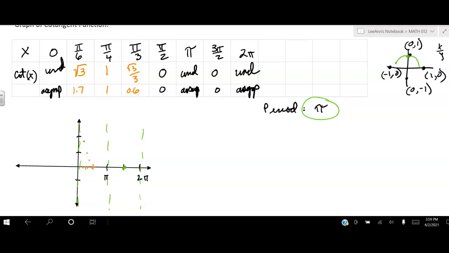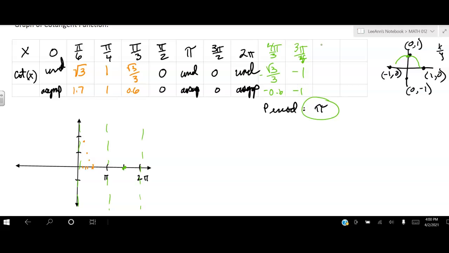So I did the first quadrant with the special angles. Now if I go to the second quadrant, what's going to happen with cotangent? Well, they're all going to be negative, right? So you're going to have 2 pi over 3, which is going to be negative, I'll just go down here, negative 0.6. And it's probably helpful to see the square root of 3 over 3, but it's negative. And then you're going to be at 3 pi over 4, and that's going to be negative 1.